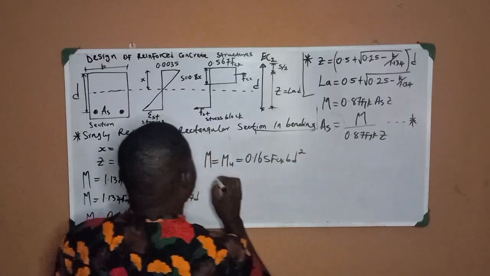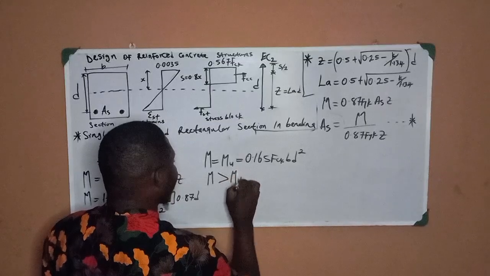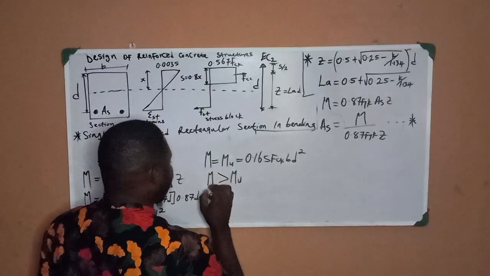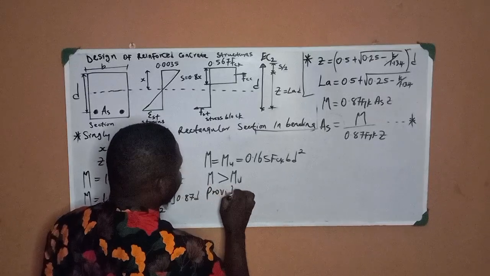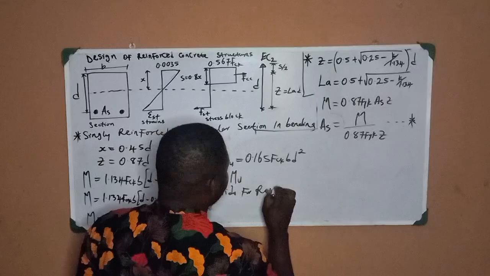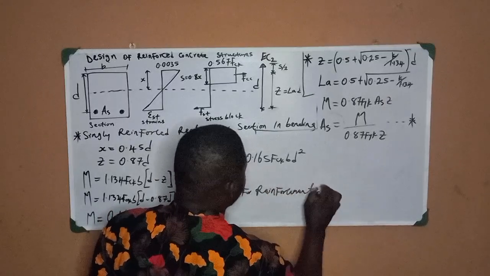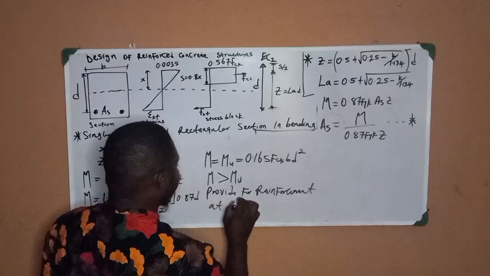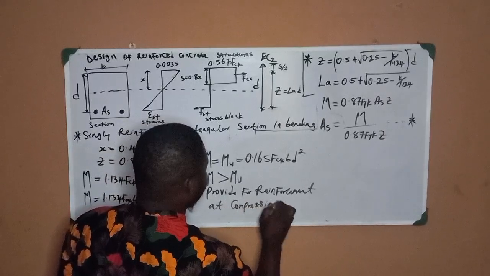So anytime this applied moment is greater than the ultimate moment of resistance, you now provide reinforcement at the compression zone.